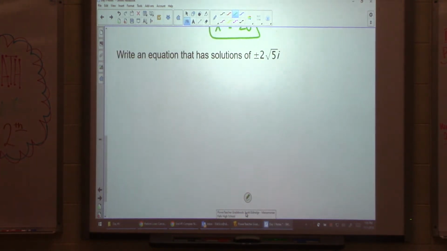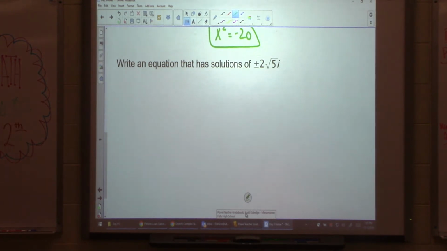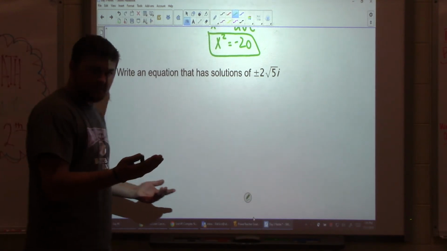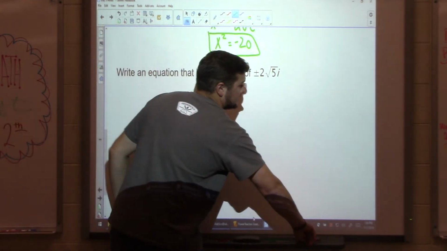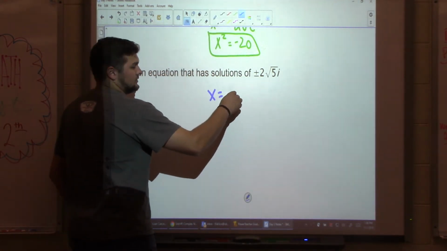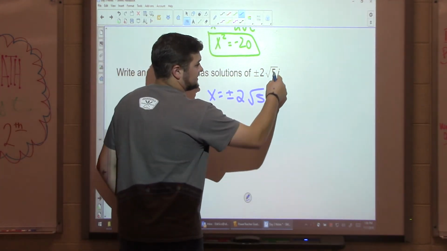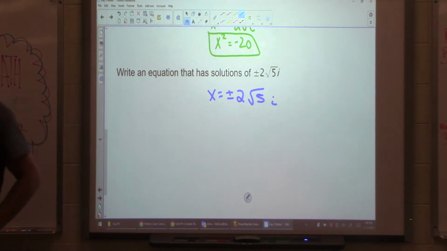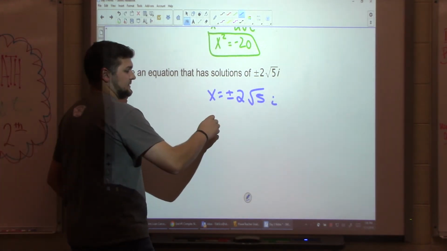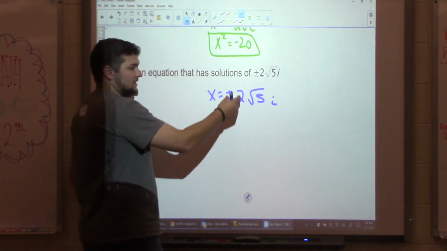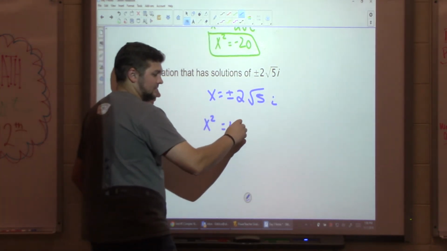Alright, write an equation that has solutions of positive and negative 2 square root of 5 i. Should we do the same thing, you think? Probably. x equals positive negative 2 square root of 5 i. Notice that i is not under the radical again. So if I go to square both sides, this becomes x squared. I am squaring all of these pieces. 2 squared is 4.